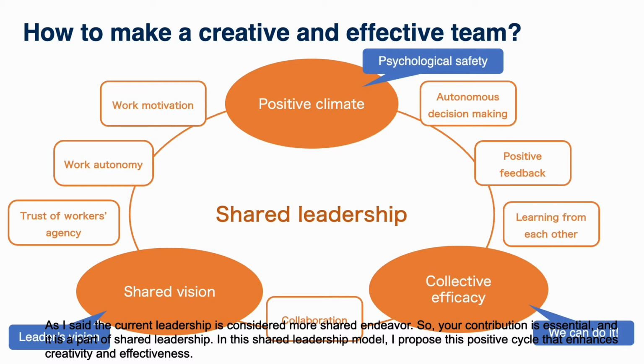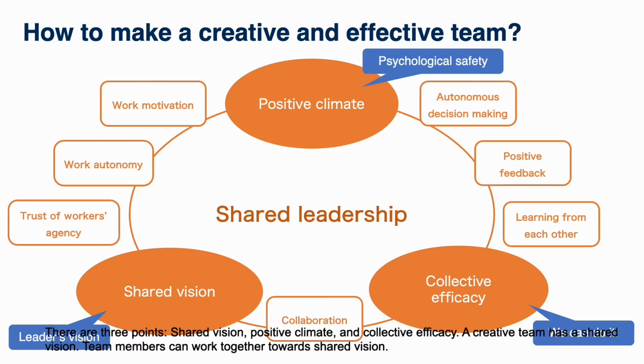In this shared leadership model, I propose this positive cycle that enhances creativity and effectiveness. There are 3 points: shared vision, positive climate, and collective efficacy. A creative team has a shared vision. Team members can work together towards the shared vision.